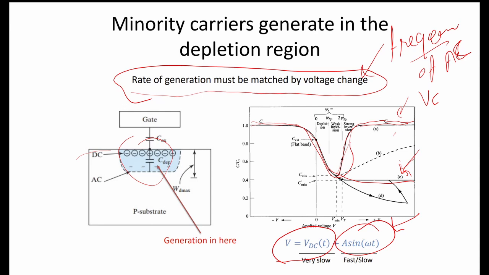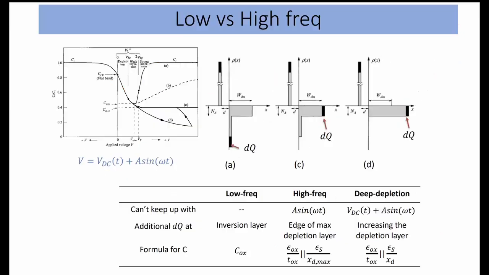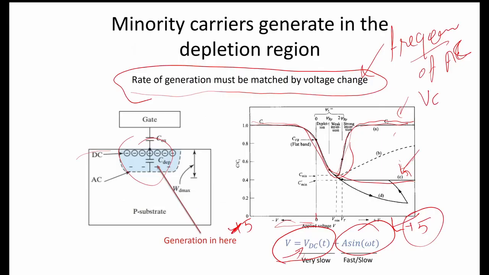Another thing I have told is that we are sweeping the DC voltage from, say, minus 5 volts to plus 5 volts. Okay, we are sweeping, and there will be a rate of sweeping.